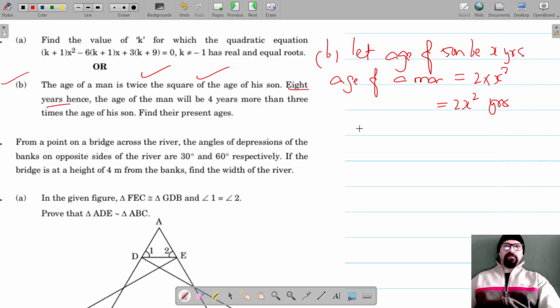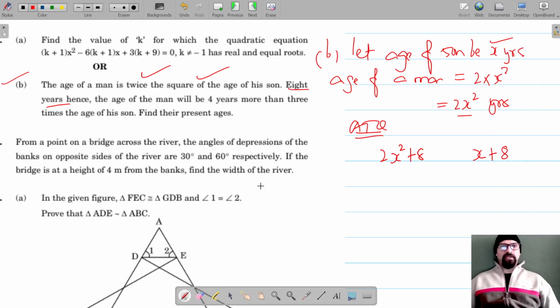Now 8 years hence, the man's age will be 2x square plus 8. Let's add 8 to both the ages, so the age of the son would be x plus 8. Now after 8 years, this is the age of the man and son. Now this age of the man is 4 years more than 3 times the age of his son.